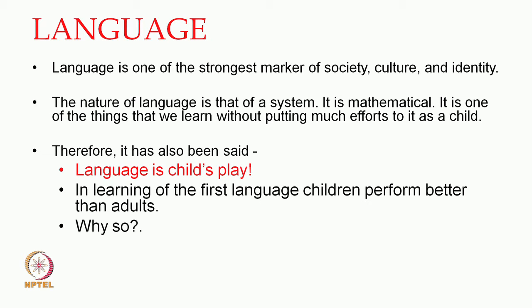Language is definitely a rule governed system, and it has underlying patterns in it, but that is one part of language. It is the part of the language that is called form of language. It is the part which has been called I language in generative study of language.